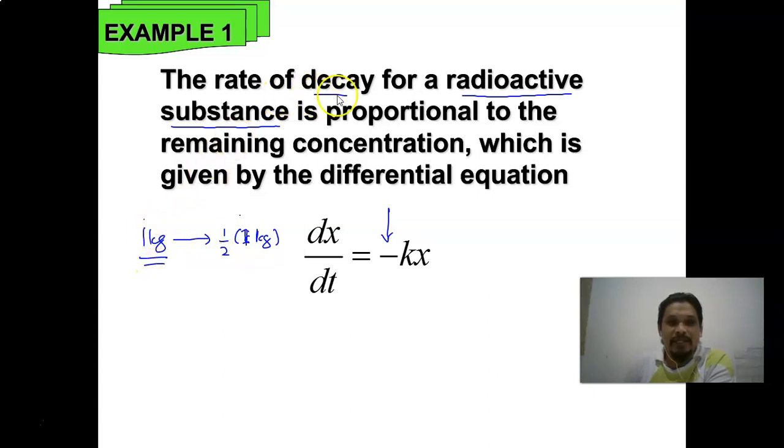So the rate of decay of a radioactive substance is proportional to the remaining concentration, because the weight is less than the previous, then comes up with a sign of negative. Okay.